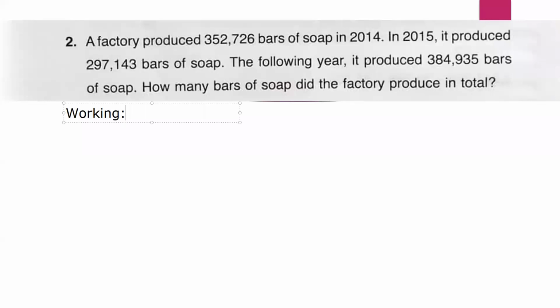And then the number sentence should be, you just copy the numbers, very important. 352,726 plus 384,935 is equal to, and then a rectangle. Okay, so this is our number sentence.